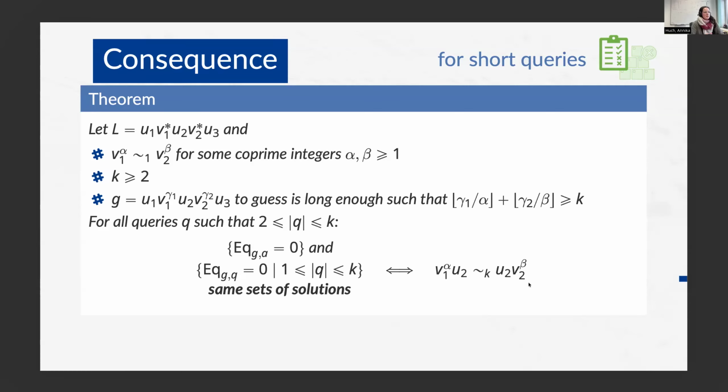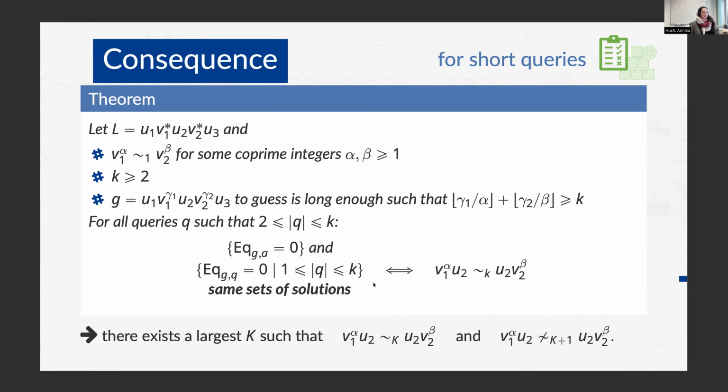So at this point, we're not able to do anything with queries up to length k, because we knew they would be equivalent, which results, as in the slides before, in the same sets of solutions on those equations.